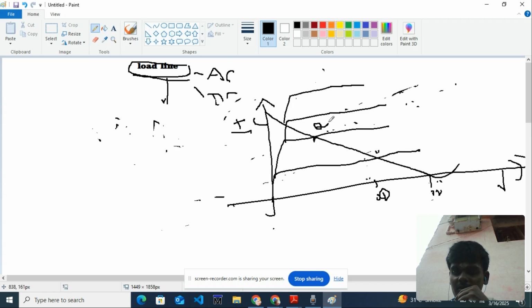This Q point is called the quiescent point. It will be taken from the AC, the half of the DC load line.